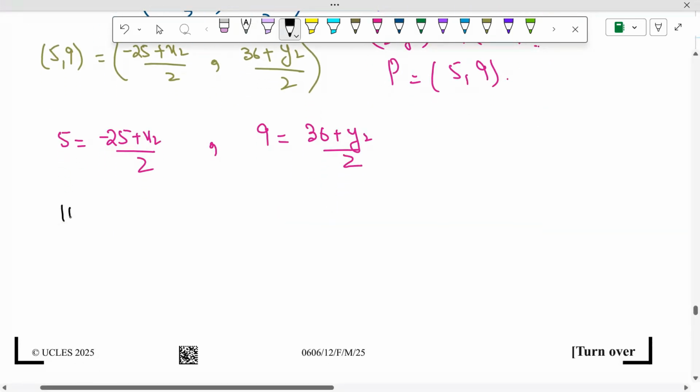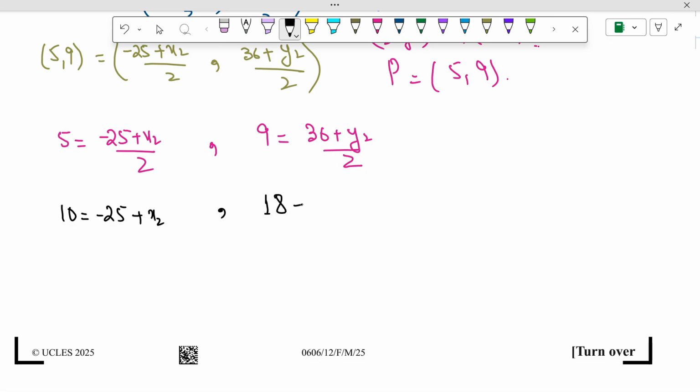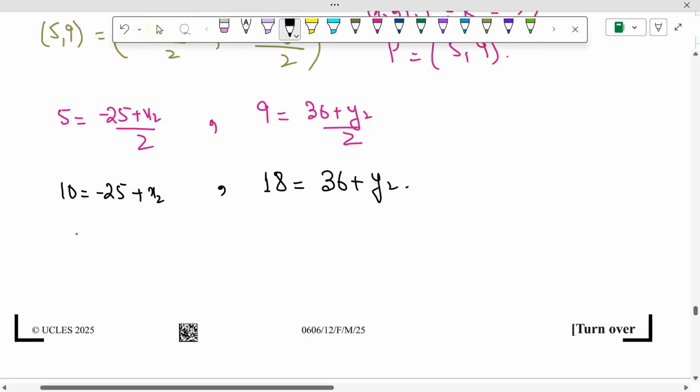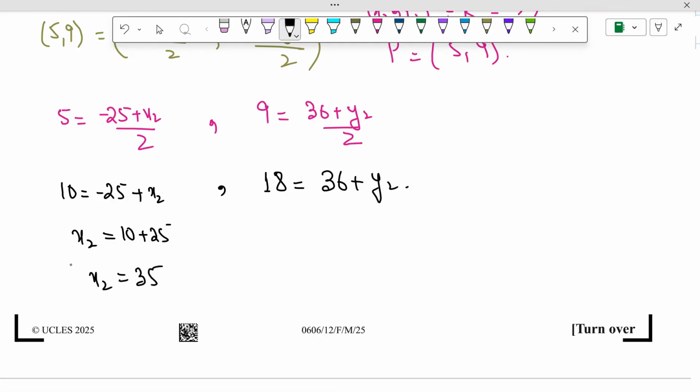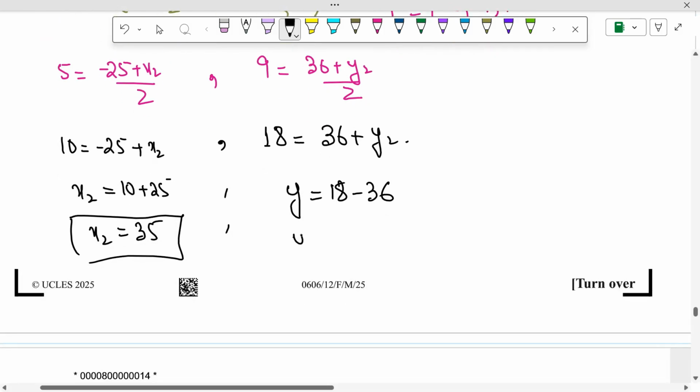So this one is 10 equals negative 25 plus x2, and this one is 18 equals 36 plus y2. So x2 equals 10 plus 25, which is 35, whereas y2 equals 18 minus 36. So y2 is negative 18.